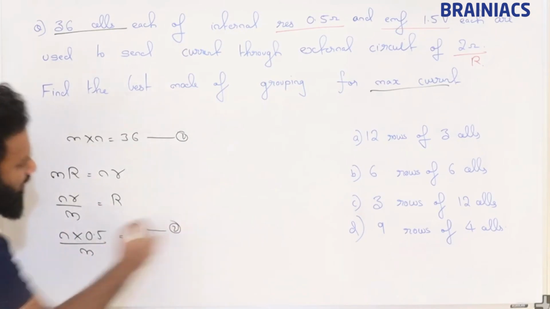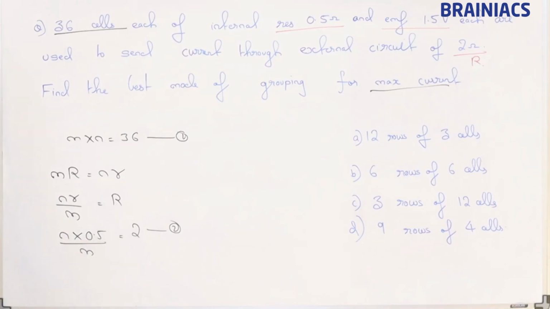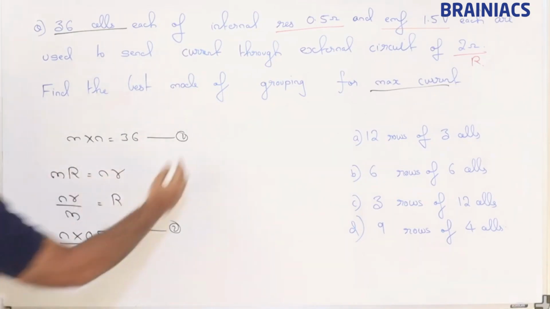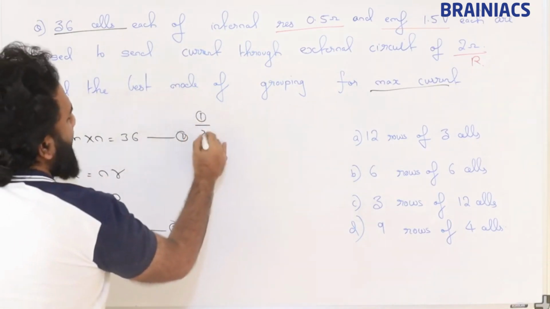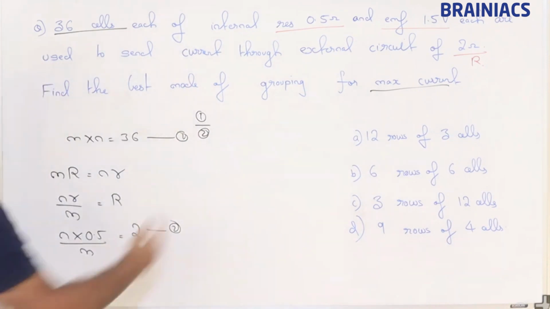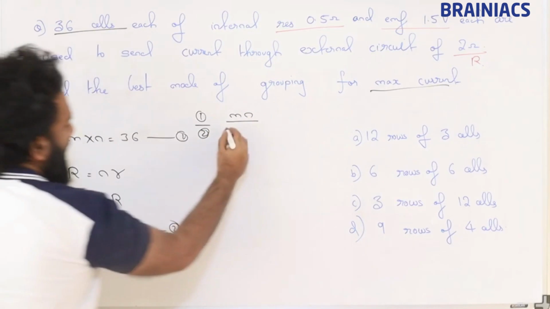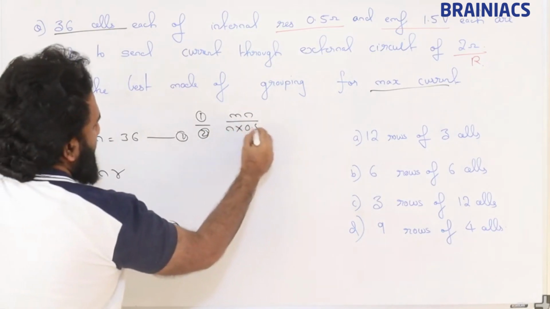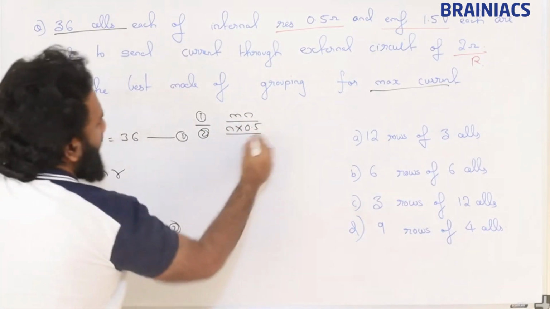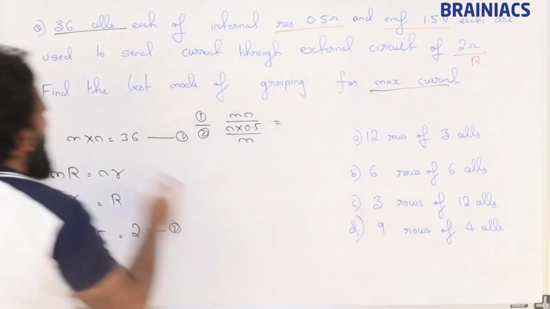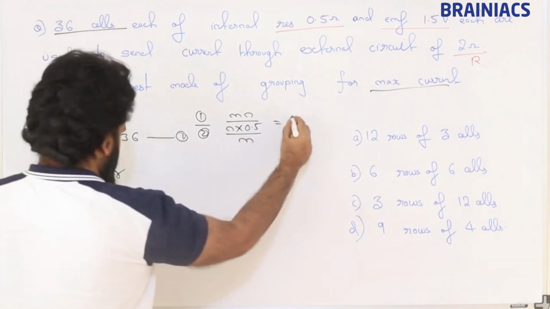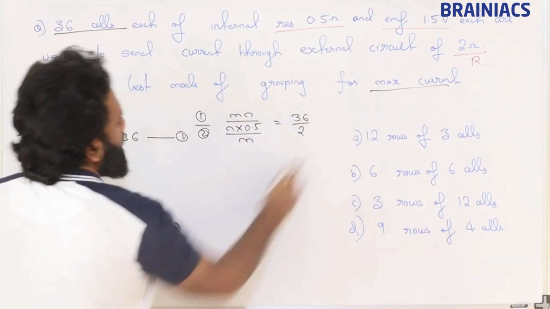So let this be the second equation. So MN divided by N into 0.5 divided by M is equal to 36 divided by 2.